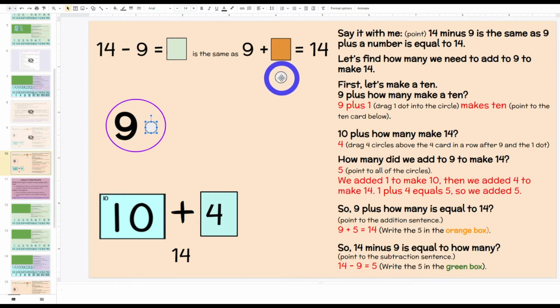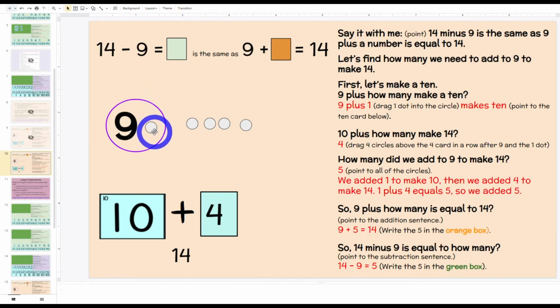Let's add how many more to get to 14? 10, 11, 12, 13, 14. 10 plus how many make 14? Class, 4. How many did we add to 9 to make 14? Class, 5.